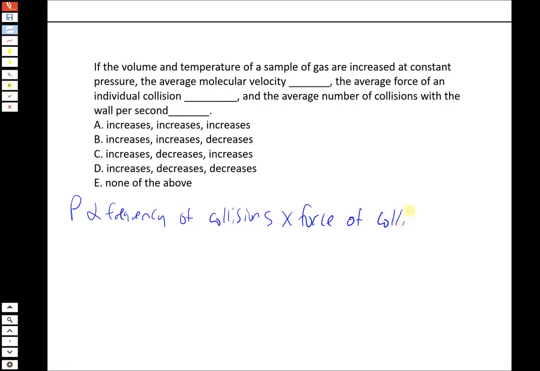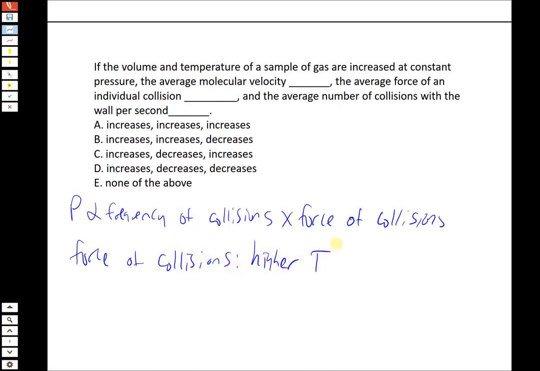So pressure is exerted because gas molecules collide with the wall, and that pressure is proportional to really the product of two things: how often the gas molecules are hitting the wall and how forceful those collisions are. So now we think about which parameters influence these. So the force of collisions is determined exclusively by the temperature of the gas. In other words, how fast are the gas molecules moving?